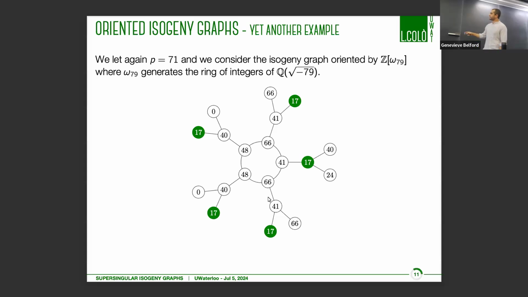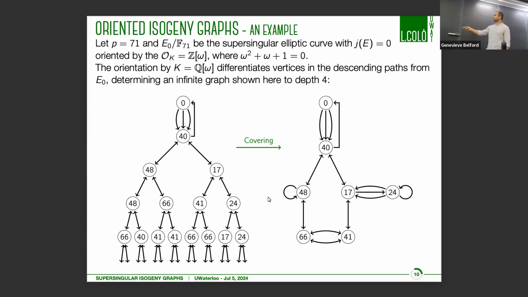And I just highlighted 17 to show once again that you might have the same elliptic curve appearing multiple times. This doesn't mean that in this graph these objects are the same. They are the same elliptic curve, but oriented in a different way or by a different order. So in this graph they're not the same object, but when you project down to the supersingular isogeny graph, they are exactly the same elliptic curve.